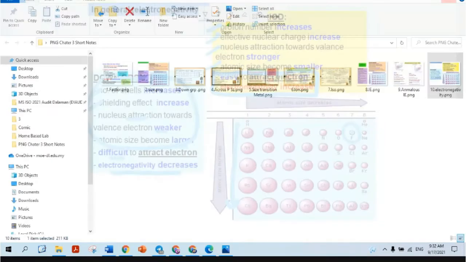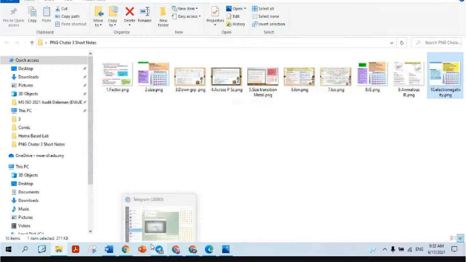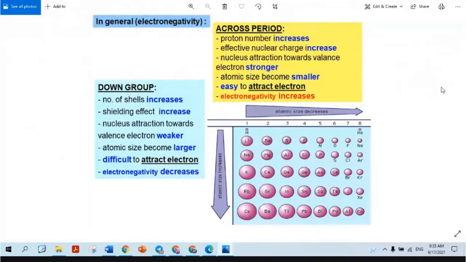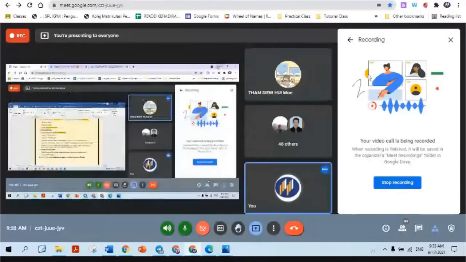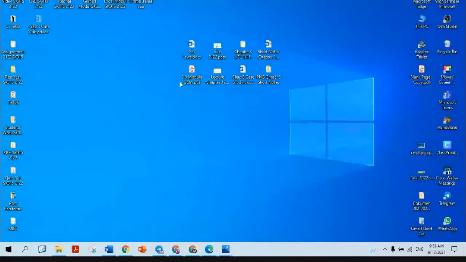Madam, can we write electron instead of valence electron? Okay, because we talk about electronegativity, right? Let's try to check the definition.